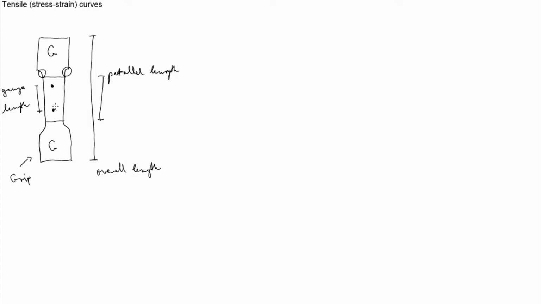So this is the area, you measure the displacement between these 2 points, and when you apply force on the material and you start to pull it, then you measure the displacement of these 2 points.